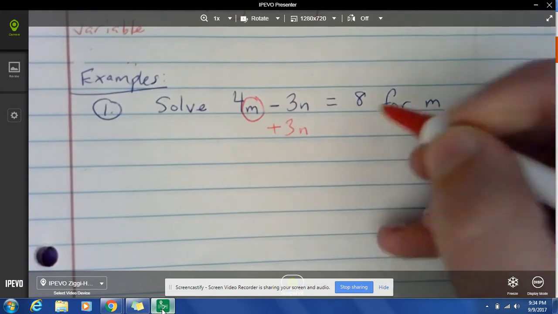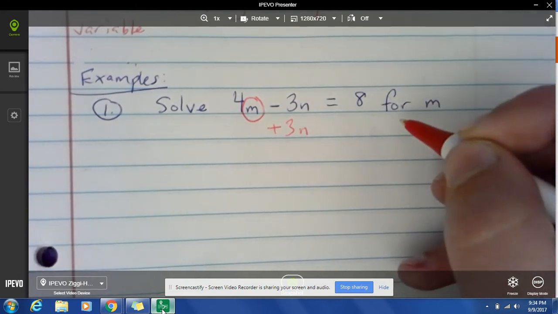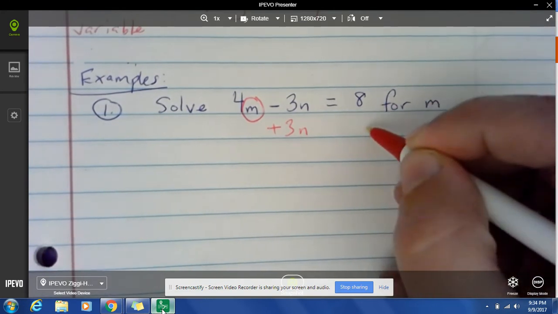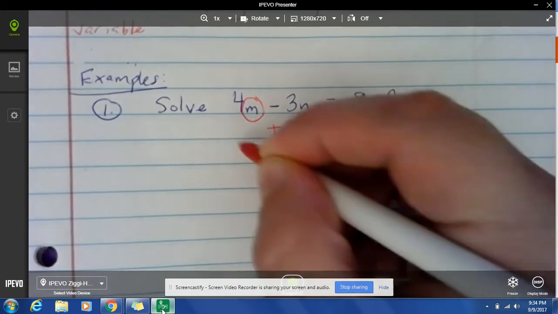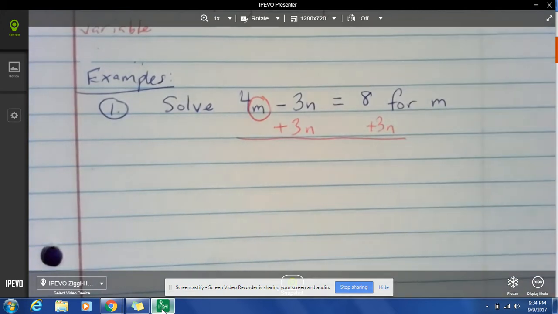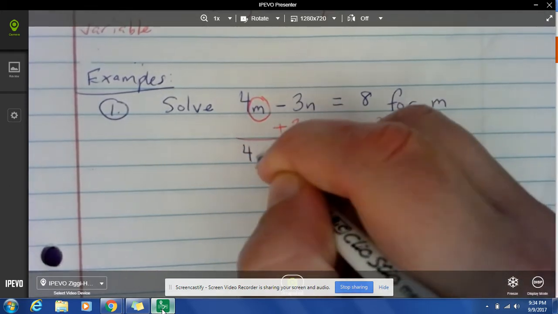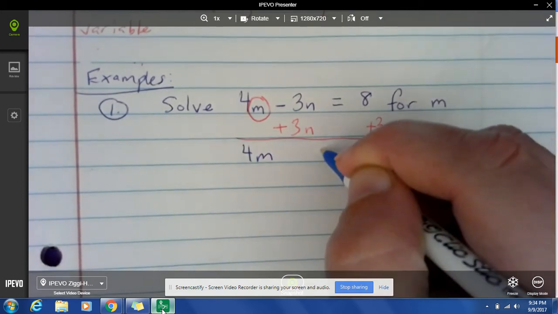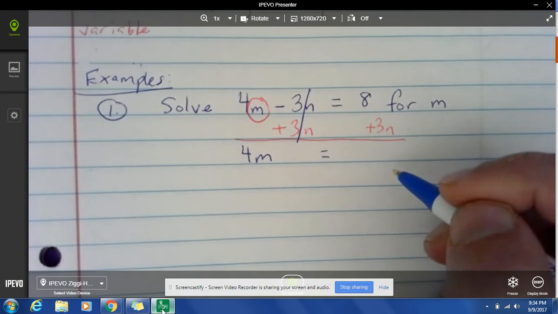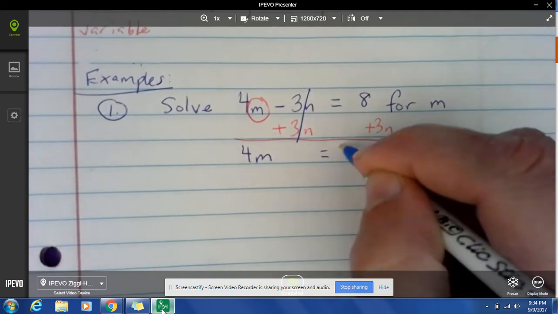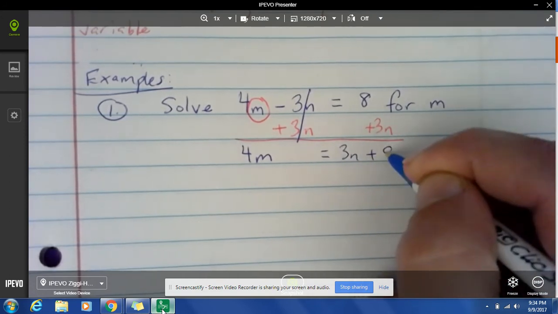And over here, we're going to add 3n also. But notice I'm not going to put it right under the 8, because it's not like terms with the 8. So when we add them together, they're just going to stay two separate terms. On the left side, we're just left with 4m. And on the other side, because these cancel out, we're left with 3n plus 8.